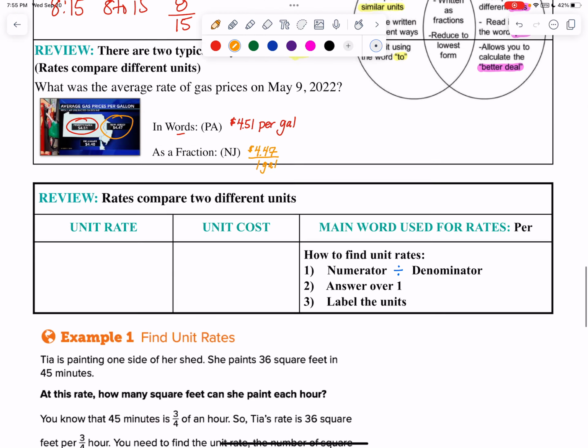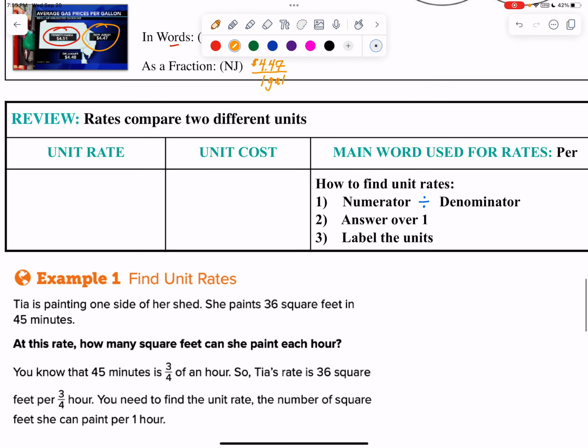All right, so let's go ahead and take a look at how rates compare two different units. So I want you to see, when we're talking about unit rates, the thing to remember is unit rates are always over 1 unit. And so that could be over 1 gallon, 1 ounce, things like that. But it just has to be over 1.